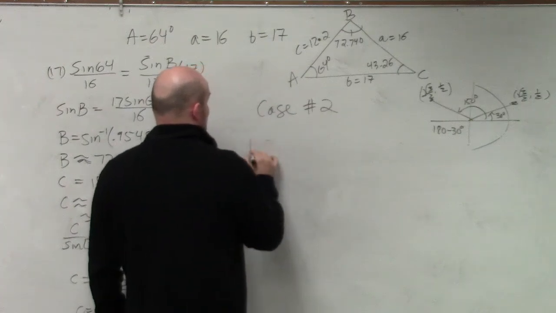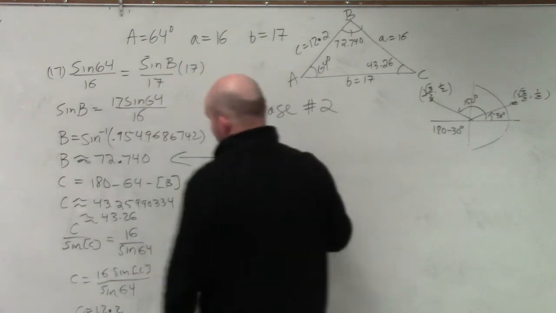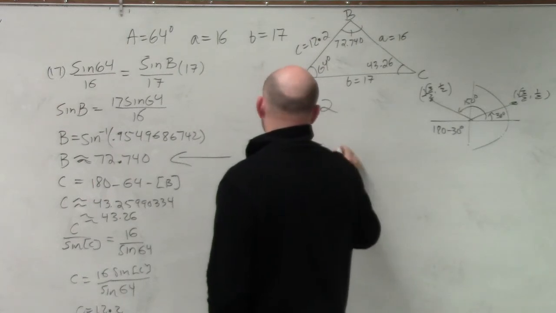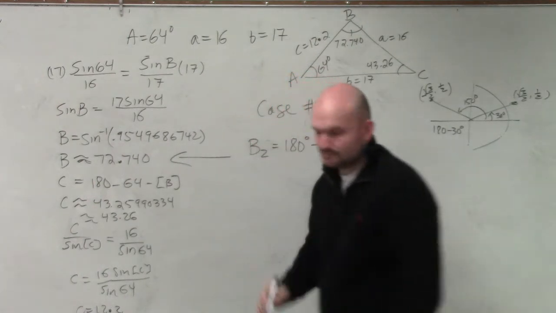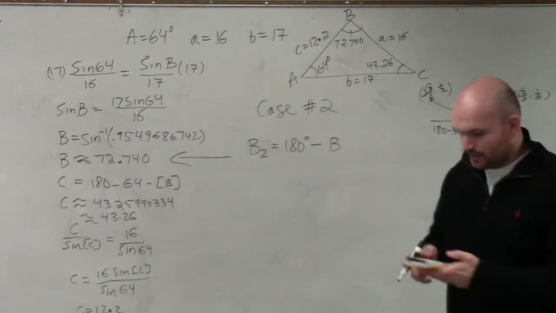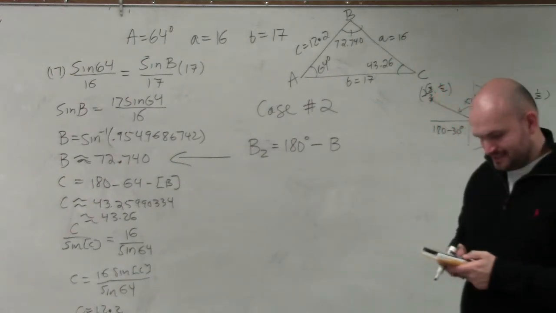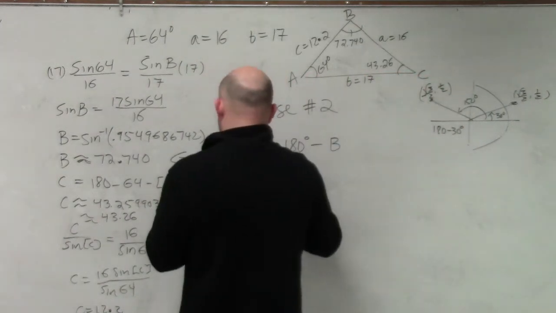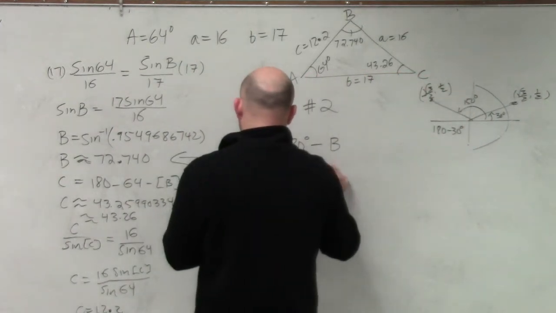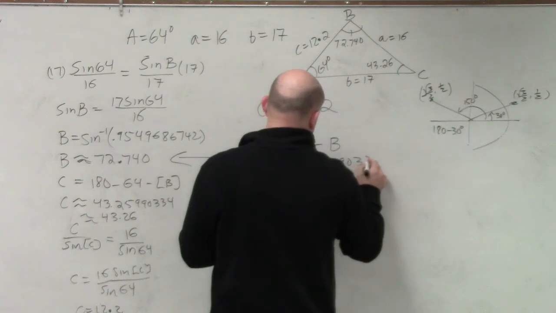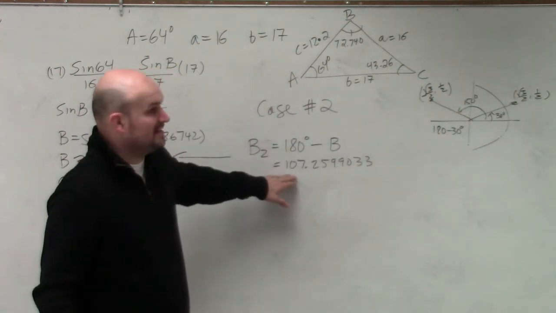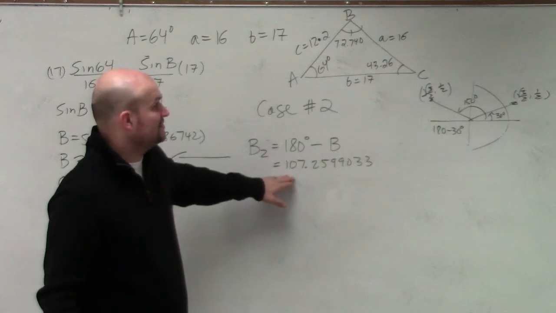If there is a second case, we'll call this B2, which is simply going to be 180 degrees minus B. So I'll do 180 minus alpha B, and what I get is 107.2599033. That is a possible second angle for B.